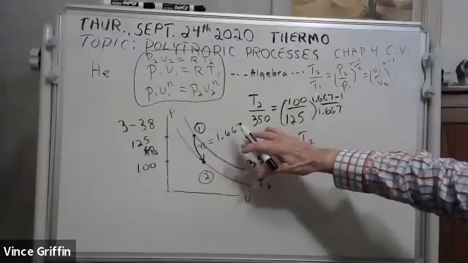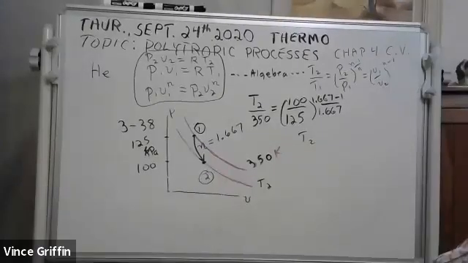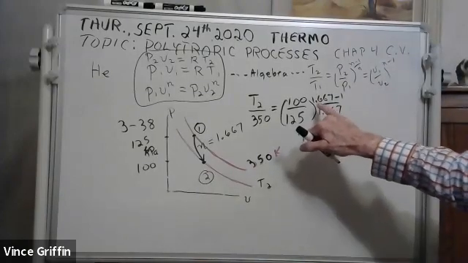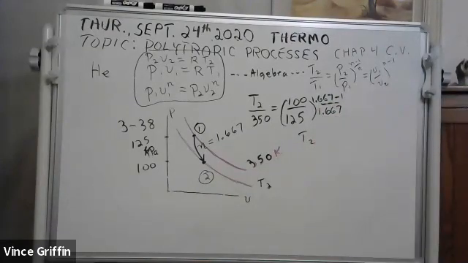Hi. Hey, now, William, did you plug this equation in and get T2? Yes, I got 275.8. That's not what I got. Do it again, William. Take 1.667, subtract 1. That gives you 0.667, and then divide by 1.667. That gives you 0.4.